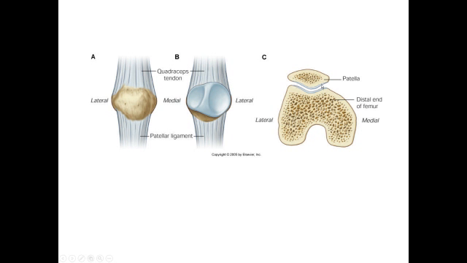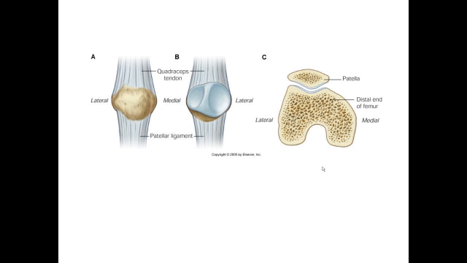It always reminds me of a diamond sitting on top of a diamond ring. And this really needs to sit in here correctly. A lot of the patellofemoral disorders we're going to look at are because the patella is no longer sitting squarely within the femoral groove that it needs to be sitting in on the femur.